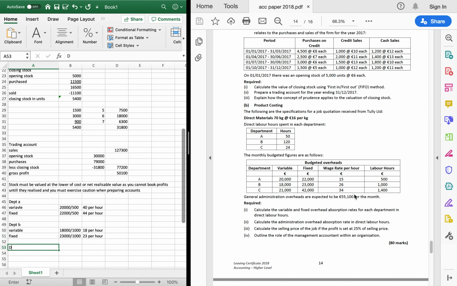And department C, variable is 21,000 divided by 1400, which is 15, and fixed is 42,000 divided by 1400. And that's 30 per hour.